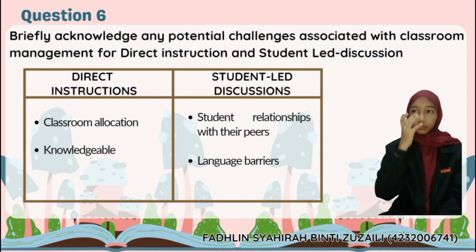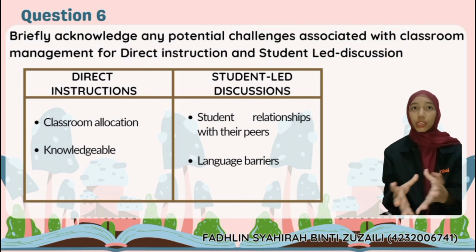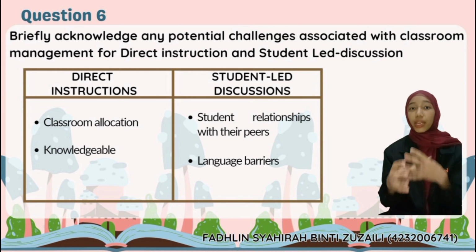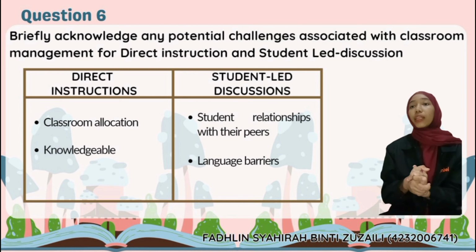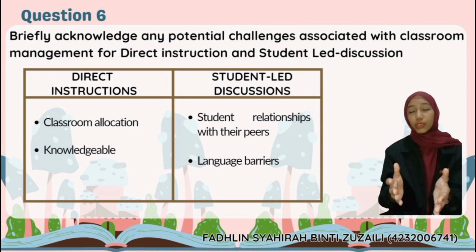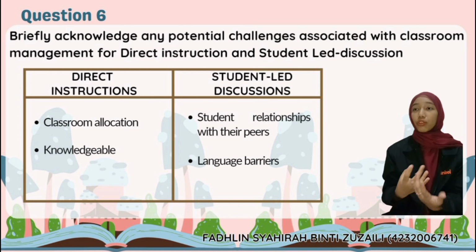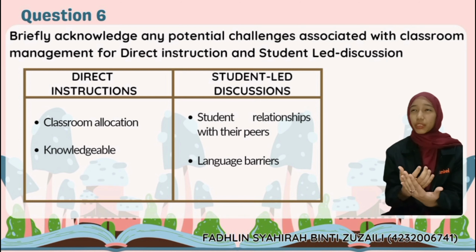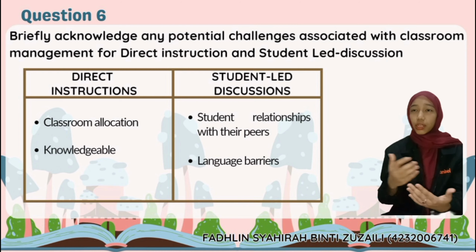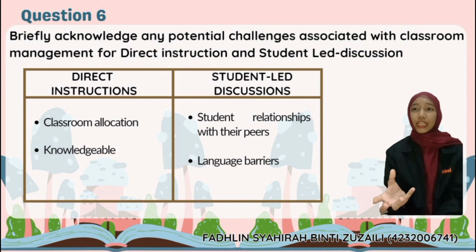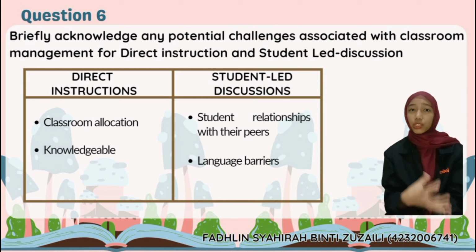For example, a teacher may ask the whole class to form groups and have discussions among them. And if one student has a bad relationship with other students, they may not communicate well with each other or give opinions and ideas freely, because maybe they feel like being judged by each other and whatnot. So this can create a bad environment for the students to learn.